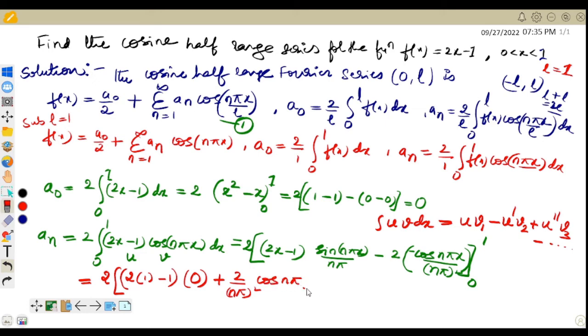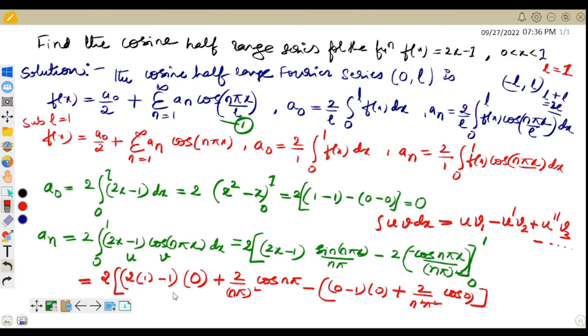So the upper limit is over, minus the lower limit. Substitute 0 here: 2 into 0 is 0, so 0 minus 1 into sin 0 is 0 again. This will become plus 2 by n square pi square, as it is, and cos 0.